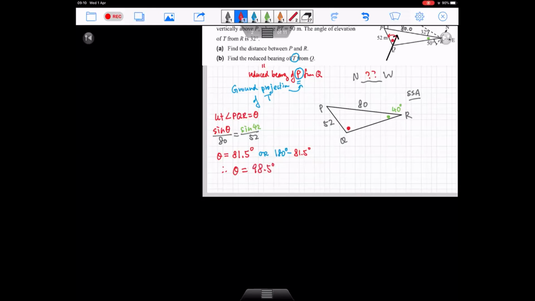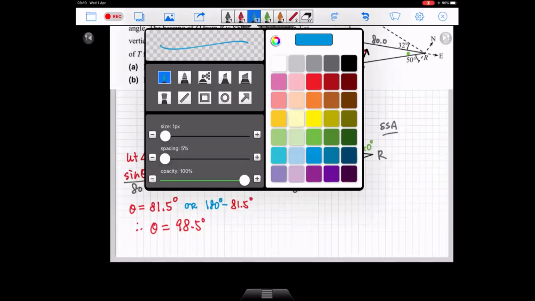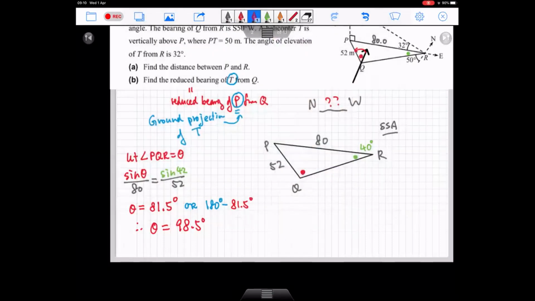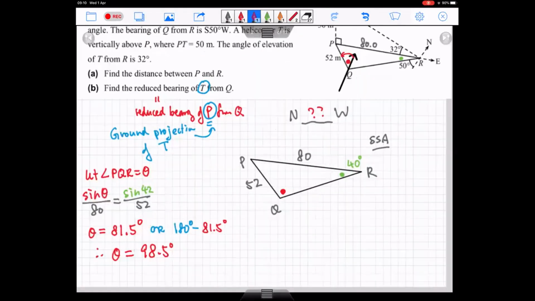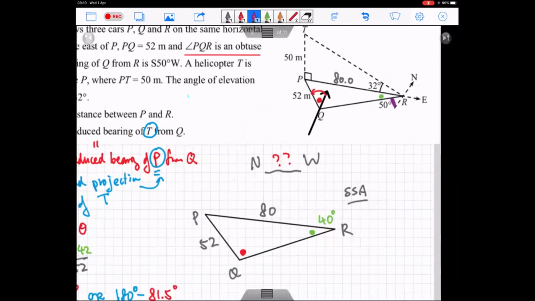98.5 degrees. That is the obtuse angle theta in red. All right. So finally, to get the bearing, because we know this 50 degrees in purple is the same as this 50 degrees in purple.